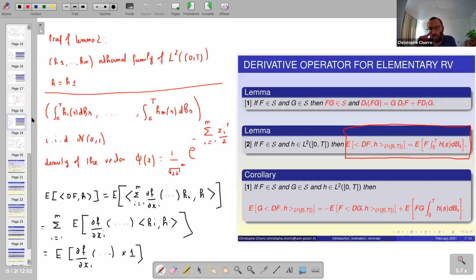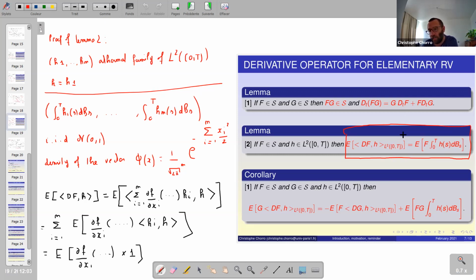So I have proved these two lemmas and the corollary, telling me that for elementary random variables, the derivative of a product may be computed using the classical formula. That I have this kind of duality between the derivative and the Wiener integral for elementary random variables. That is, the expectation of the scalar product between the derivative and h is none other than the expectation of F times the Wiener integral with an integrand that is h.